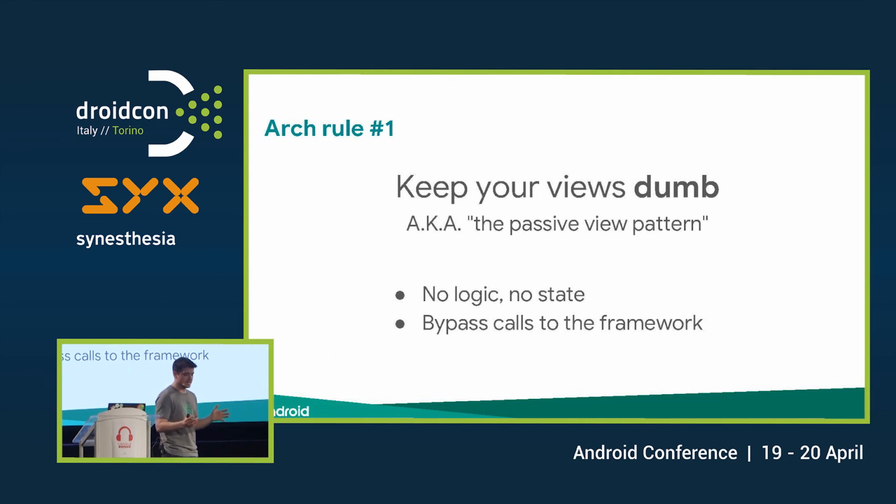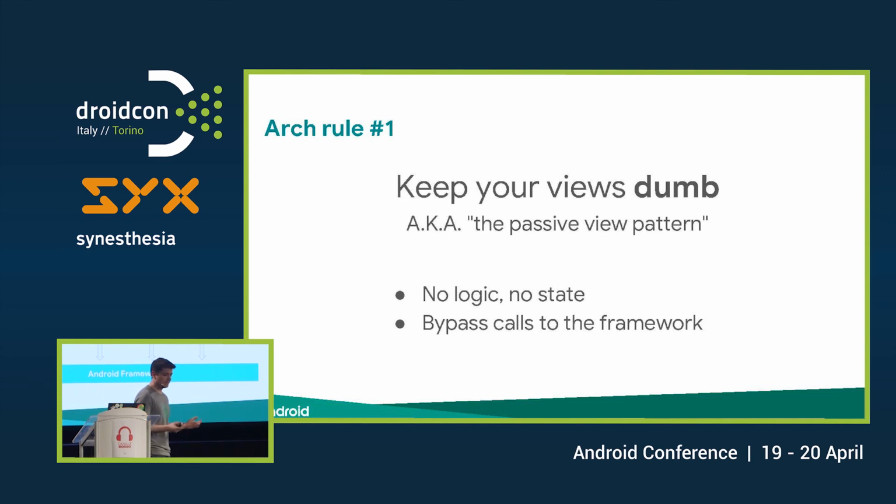So basically, they act as something that bypasses calls to the framework. Now again, where's our view in this diagram now? When I say view, I mean MVP, MVVM view. It's basically the combination of the layout expressions and the binding adapters.